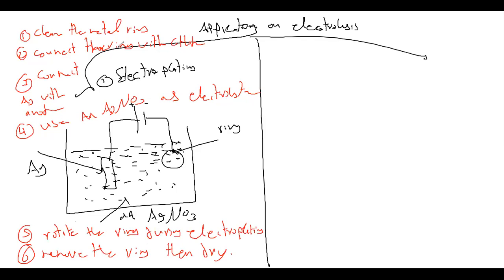For the questions: why are you cleaning the metal ring? To allow silver to stick on it. Rotate during electroplating for uniform plating.